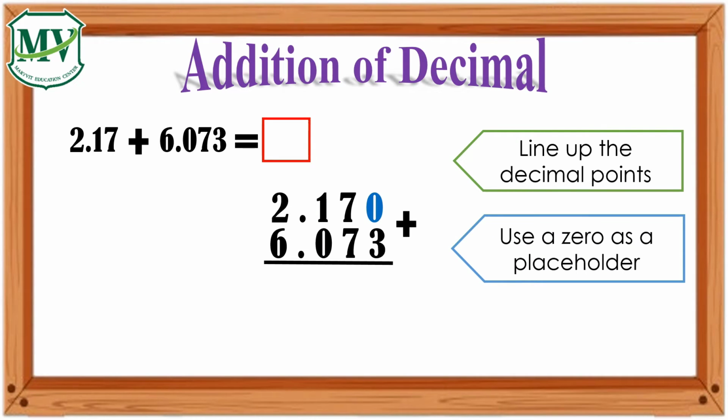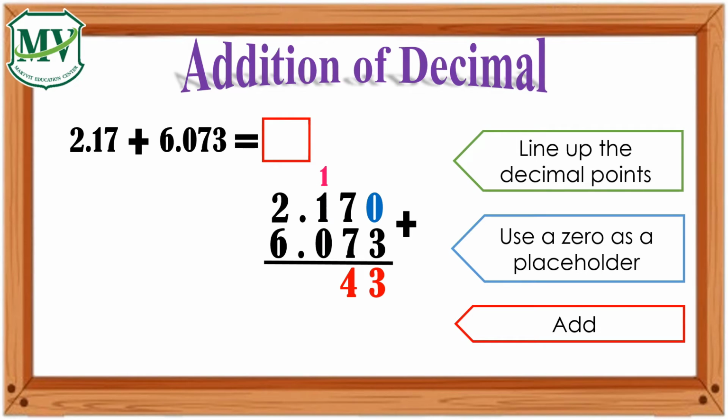Now, add from right to left. Therefore, the sum of 2 and 17 hundredths and 6 and 73 thousandths is 8 and 243 thousandths.